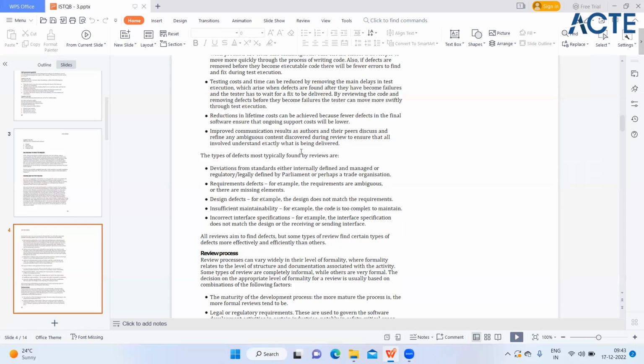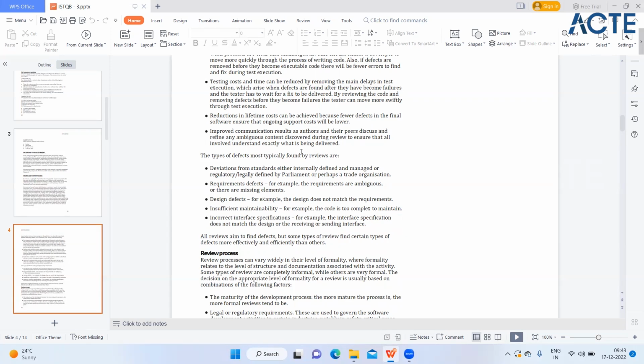But mainly at industry level or in any company, we are conducting a kind of meeting in which we are reviewing the documents we have for that software or project or product.